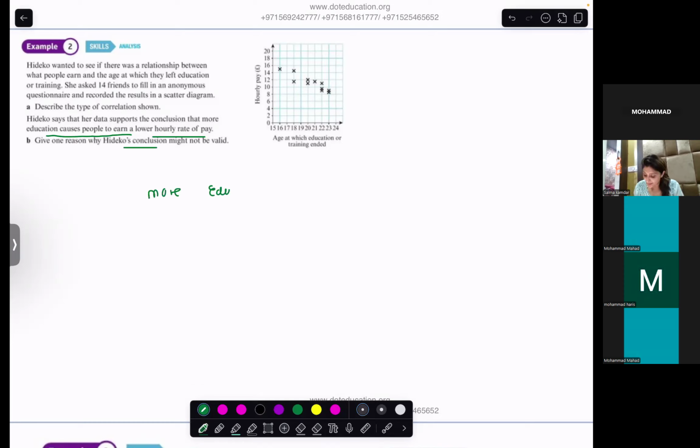That if I have more education, I will get lower pay. So give one reason why his conclusion may not be valid. Because people with higher education get better jobs.